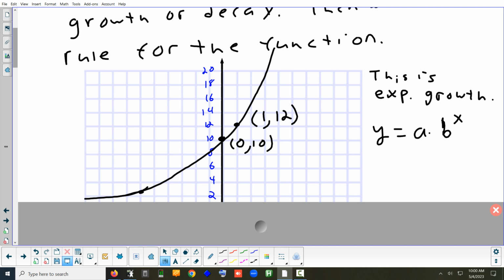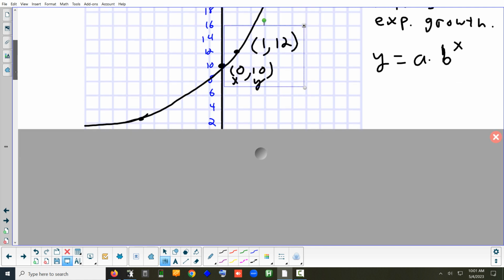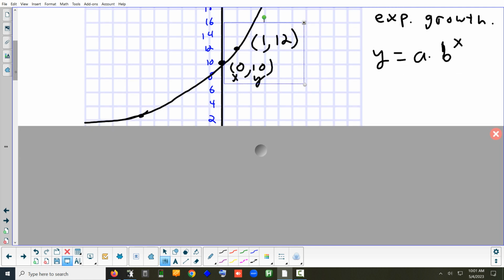Well, you can almost use that same idea here. Anybody have a guess what they think that a value is? Yeah? 10. It's 10. You look for where the x is 0, and wherever you see the 0 for x, the number that's with it is the y, and that's the a value. So it's almost the same idea as the table. And we still have to get the b value. So let's write down what we just said, and I'll also write down how you get the b value.